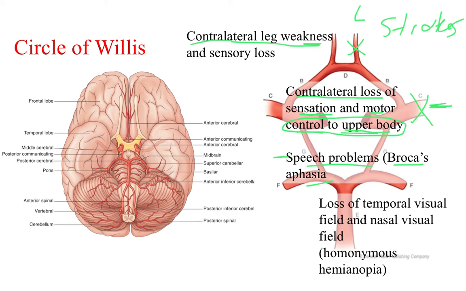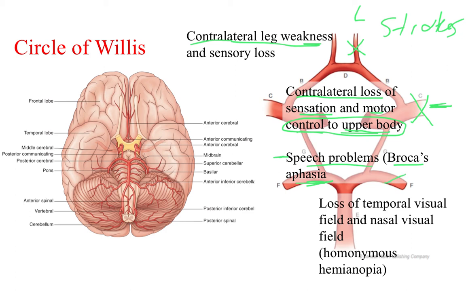So you lack blood supply to that area, and the left hemisphere is the hemisphere most responsible for verbal communication. You're going to end up with speech problems. So, if a patient or a family member or a friend or somebody you see is starting to have speech problems all of a sudden, the first thing to think is, oh, they're probably having a stroke, and it's associated with their middle cerebral artery.